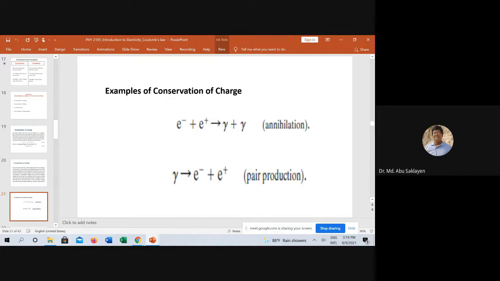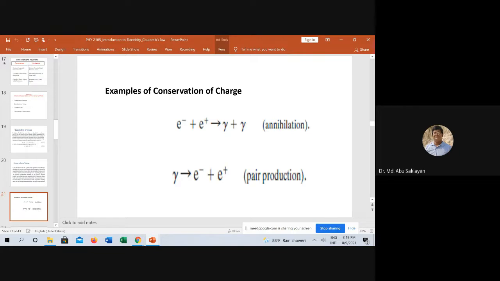Total charge on the left side, the first equation, is 0. Positron plus electron. A positron is a positive electron, with equal mass, but the charge is positive. So the total charge of the left side is 0, and the right side, gamma ray, is also 0.